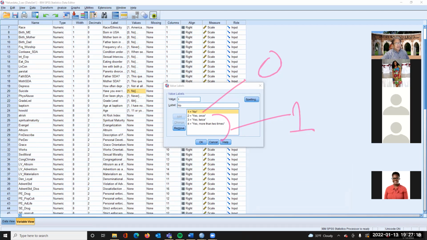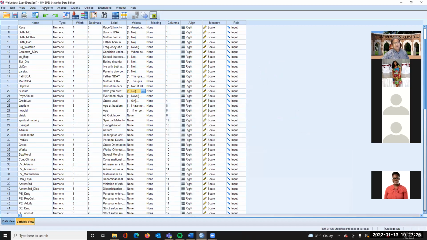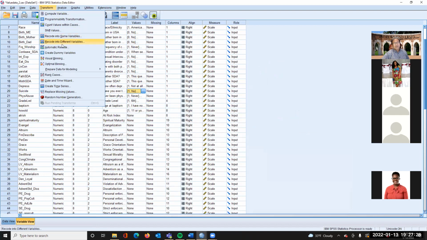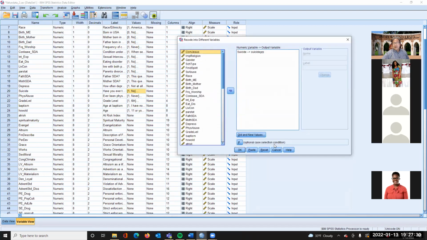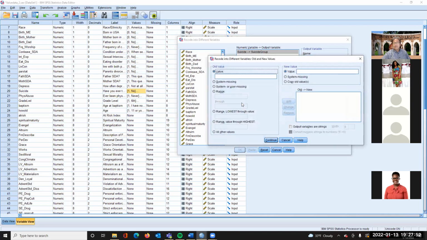Okay. Remember, to do that, you go to Transform. You want to transform into different variables. So suicide: create a new variable and call it suicide group. Make sure you click Change and you go to Old and New Values.